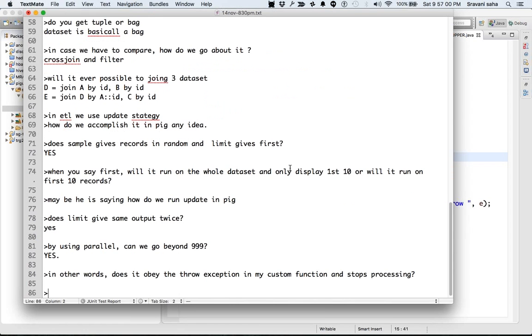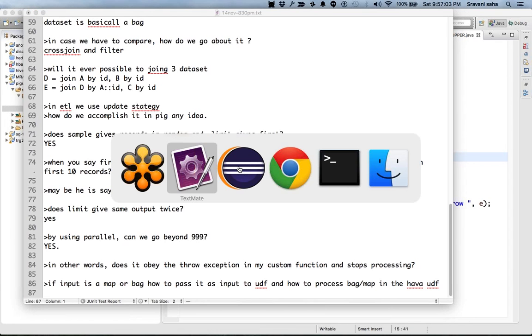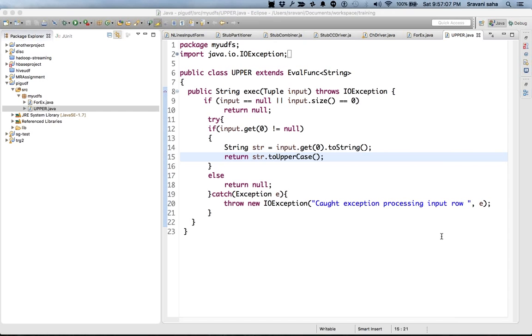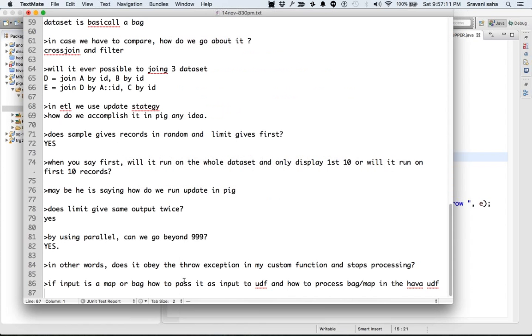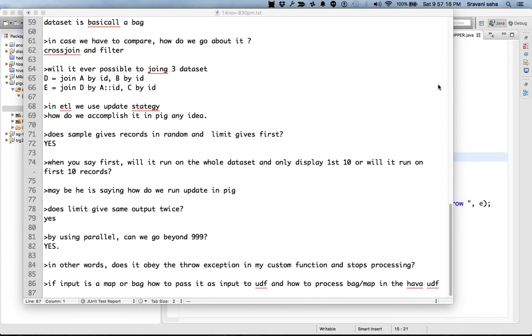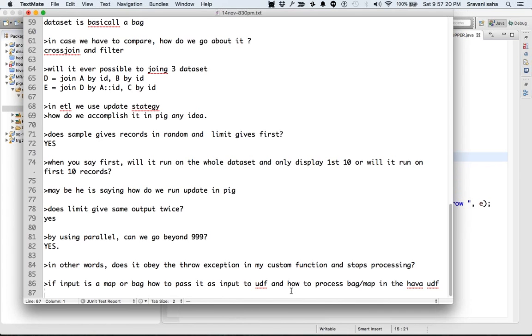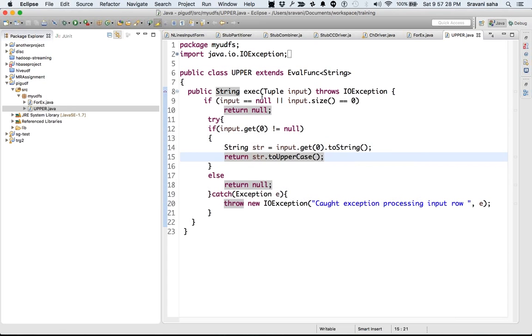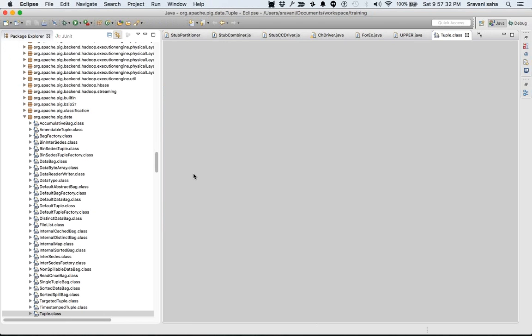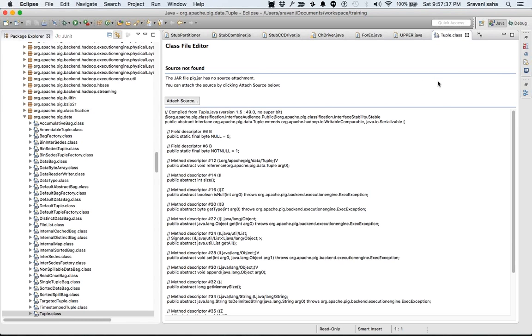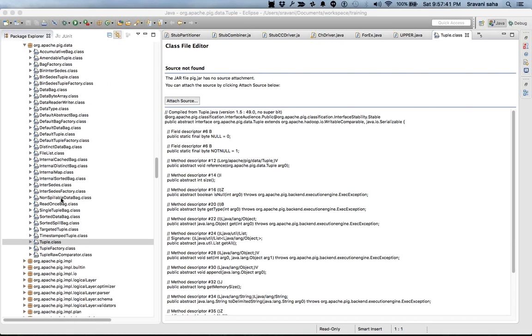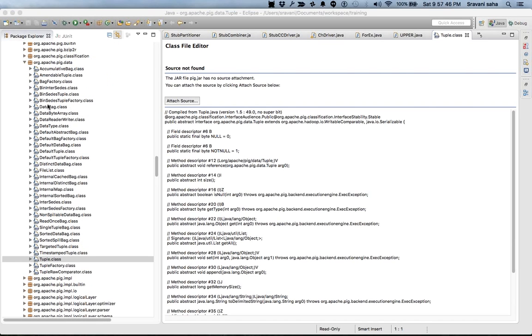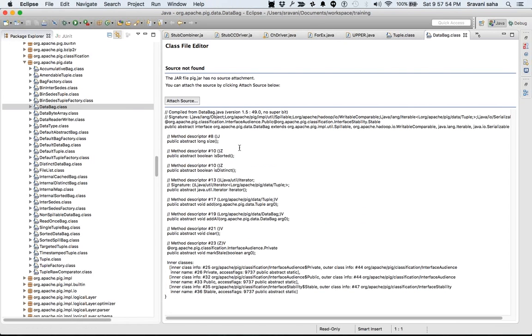Now there's a question from Naveen. If the input is a map or bag, how do we pass it as input to the UDF, and how do we process a map or bag in the UDF? Let me show you some things.